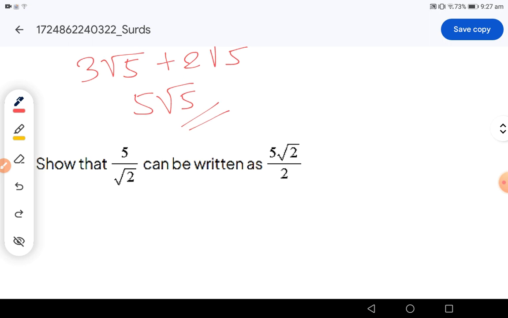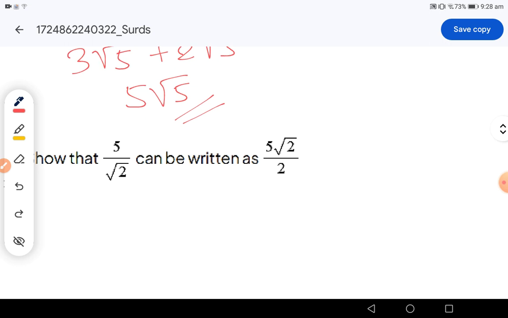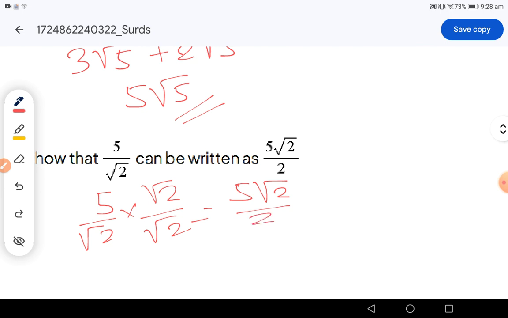Question 18: show 5 by root 2 can be written as 5 root 2 by 2. So 5 by root 2, multiply root 2 and divide by root 2. So 5 root 2 by 2.